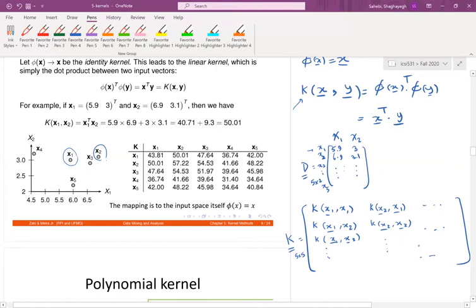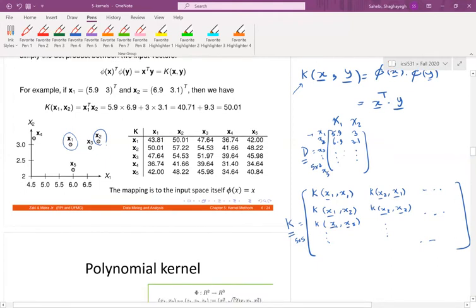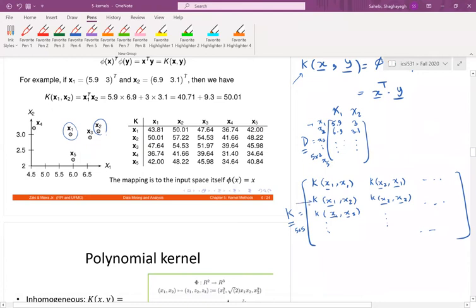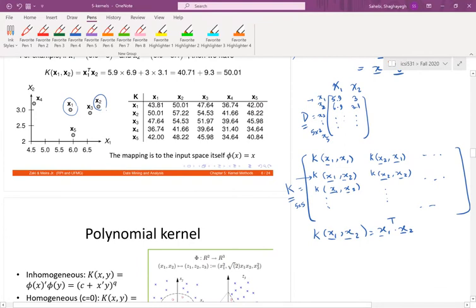Now, because we are working with the linear kernel, I know that the kernel between x and y is equal to x transpose y, right? So for example, if I want to calculate the kernel between x1 and x2, it is equal to x1 transpose x2, right? Now our x1 is what?